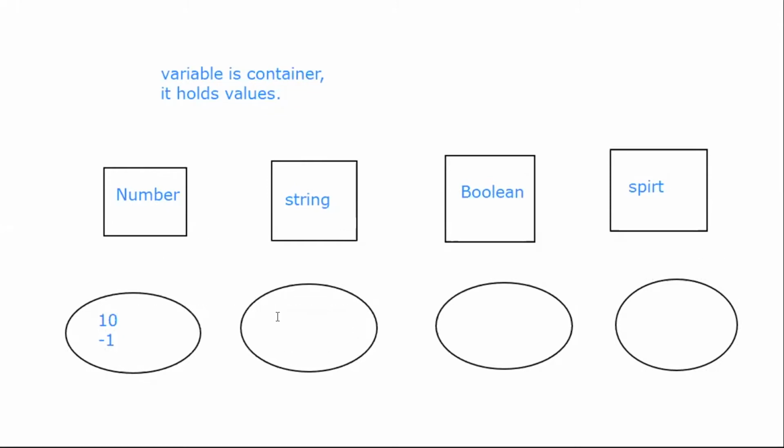String means you can call it STEM, robotics, like this. Boolean means only 2 values, either true or false. Coming to sprite, it is x comma y values you can store, like x coordinate and y coordinate values. See, these are the number category blocks, these are the string, this is the boolean, and this is the sprite values.